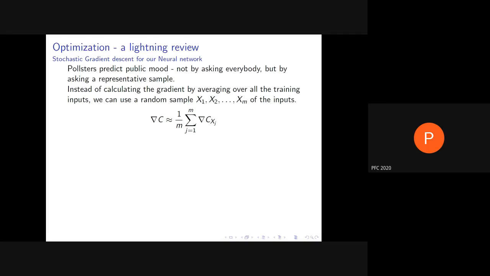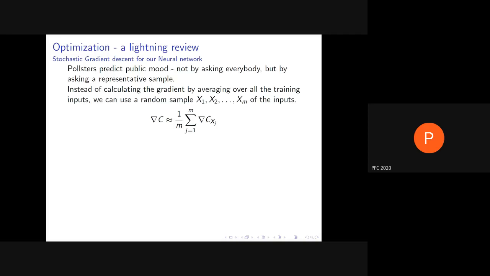So small x's stood for the actual inputs, all of them. Capital X's are a subset, but they are only M in number. You are calculating the gradient for all those M and averaging over them. And that is what gives you an estimate for the actual gradient.